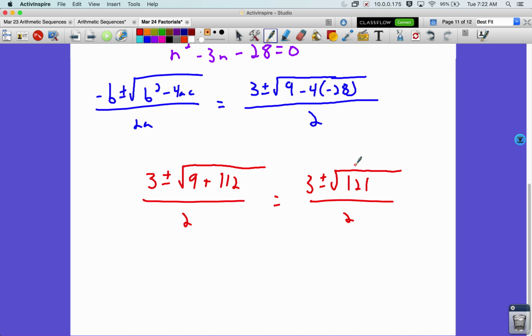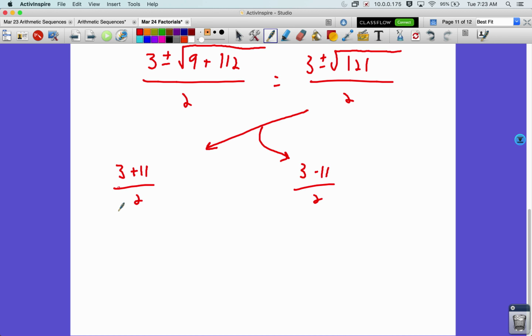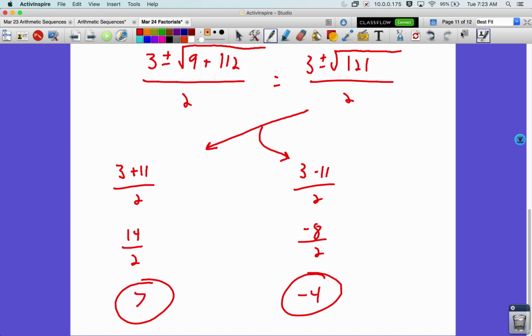Let me double check that. Yep. So I can split this into the two cases, 3 plus 11 over 2 and 3 minus 11 over 2. This becomes 14 over 2, which becomes 7. This becomes negative 8 over 2, which becomes negative 4. Do both of these answers work, though?